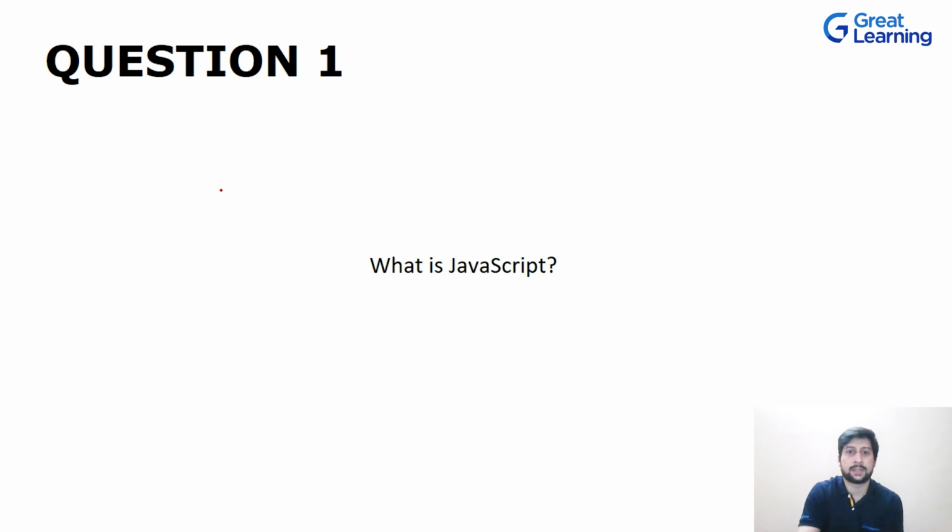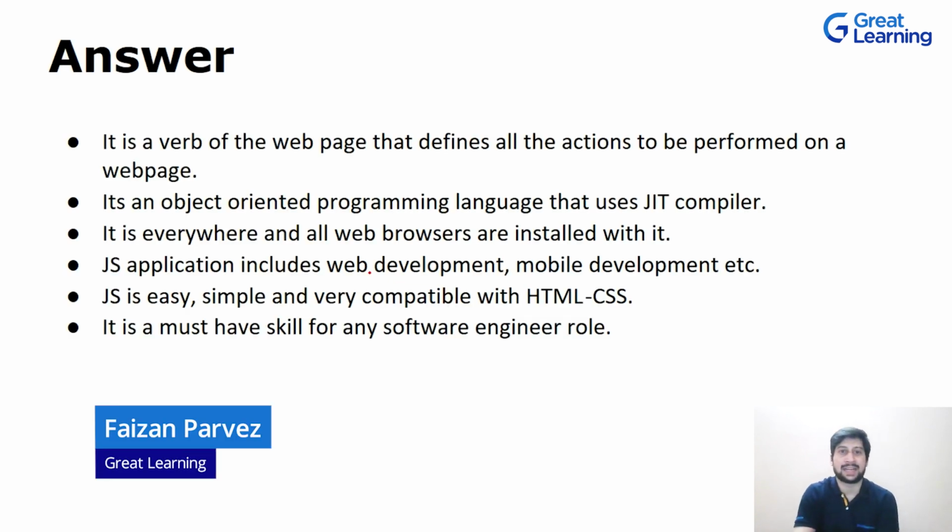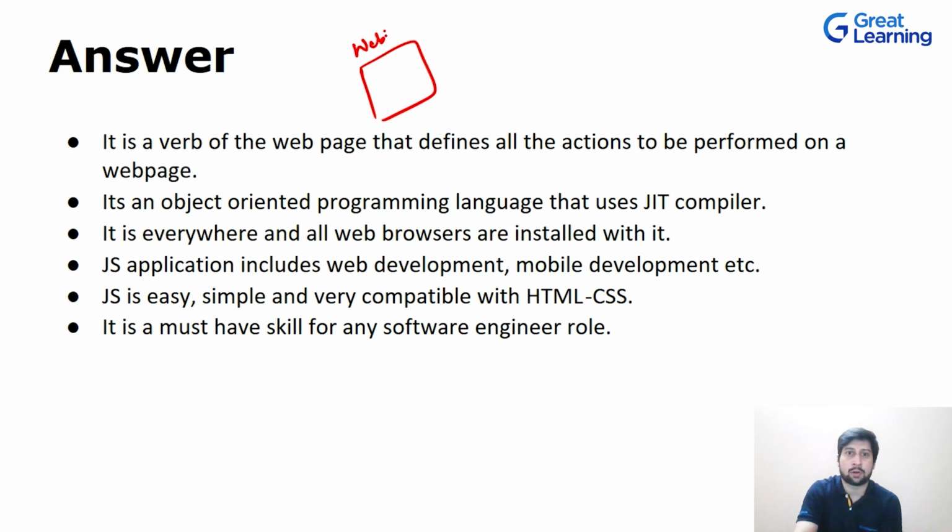So the first question is, what is JavaScript? Now, any actions that you perform on a web page, let's suppose this is your web page. A web page is part of a website, and a website is nothing but a collection of web pages. In any web page, when you have to define the structure, you will use HTML.